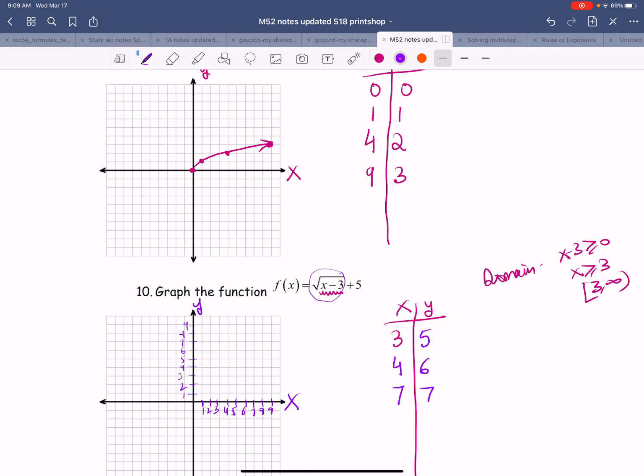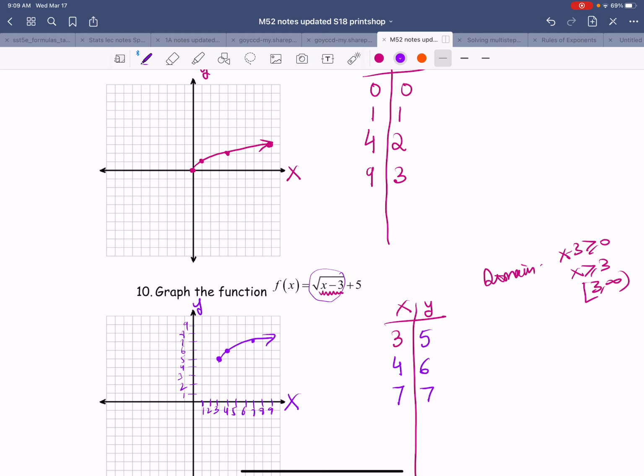So x is 3, y is 5. x is 4, y is 6. x is 7, y is 7. So something like this. That's how my graph is going to look.